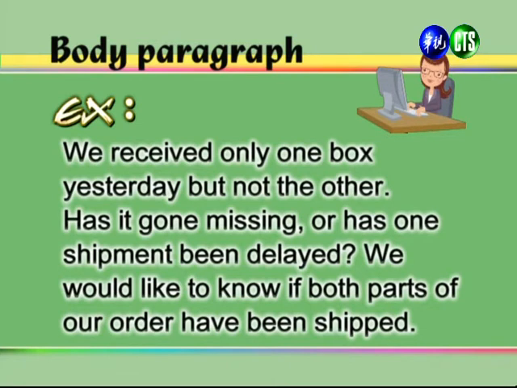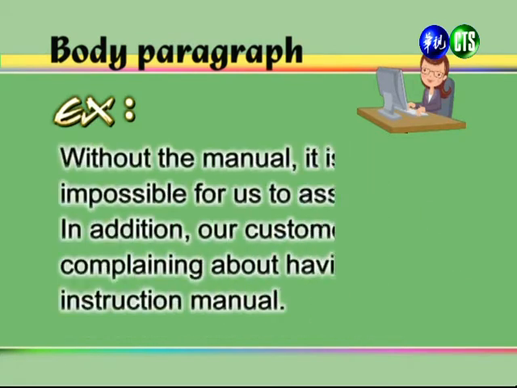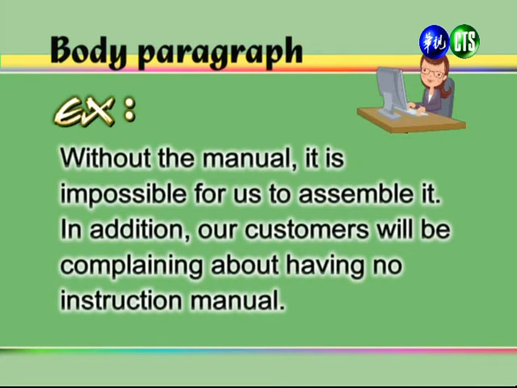We would like to know if both parts of our order have been shipped. 在这里也说到了，就是说昨天我们收到的这个箱子里头只有一箱，另外一箱是不是不见了，还是还没有出来？那他想要知道这个order 情况哈。这是这个detail 的问题。最后一个 detail， 我们最后一个例句，我们看 Without the manual, it is impossible for us to assemble it.